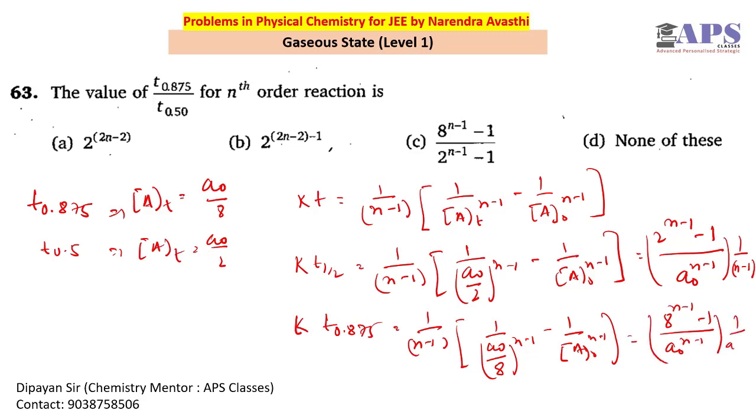Now if we calculate the ratio of T 0.875 divided by T half, or T 0.5, it will become (8 to the power n minus 1 minus 1) divided by (2 to the power n minus 1 minus 1), which is identical with option C.